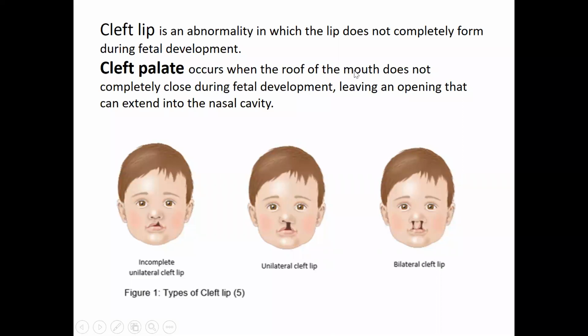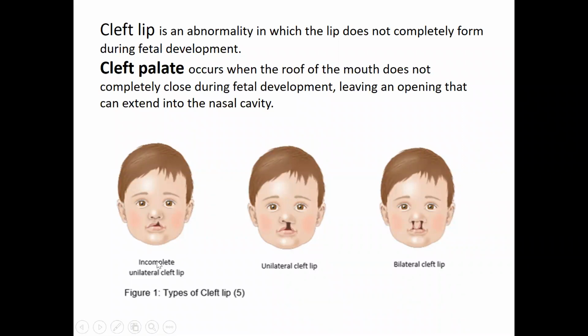The palate should be continuous, but there is a defect, known as cleft palate. If it is a complete cleft palate, the oral cavity is connected with the nasal cavity.